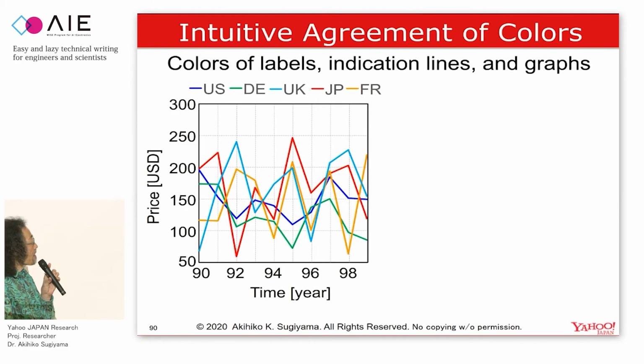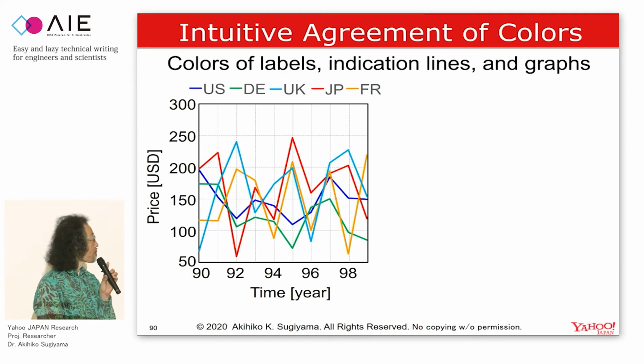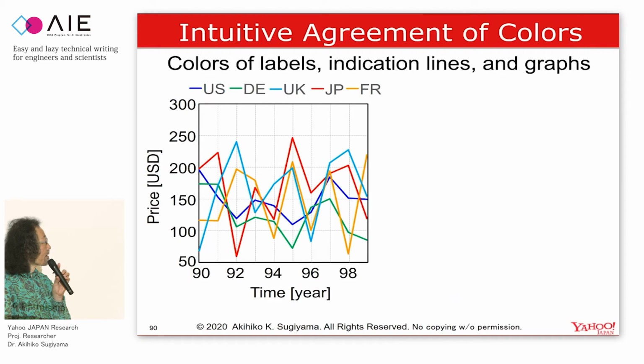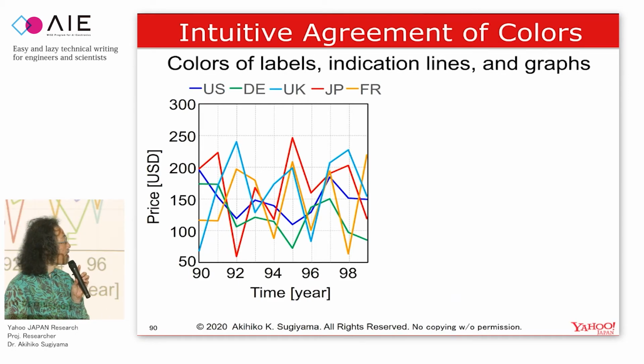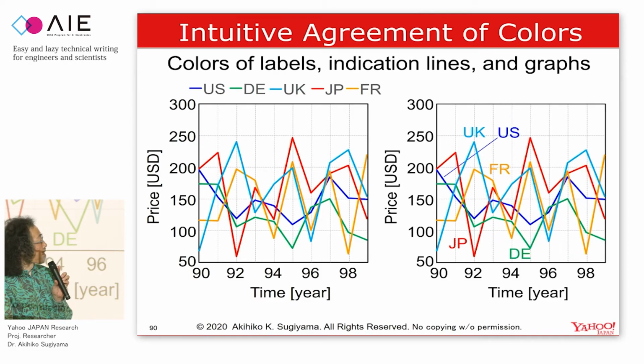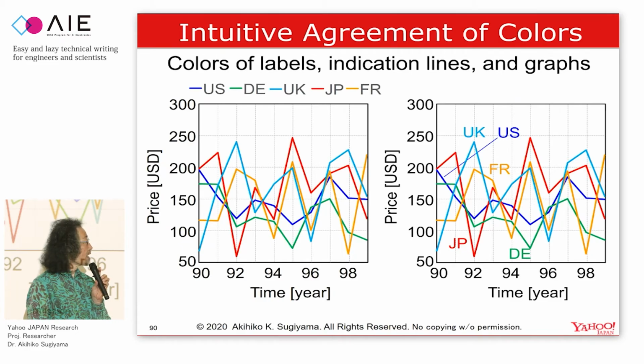Now, colors of labels, indication lines, and graphs. Intuitive agreement of colors. For example, here you have legend. Make it closer to each line in the same color so that it's more intuitive.